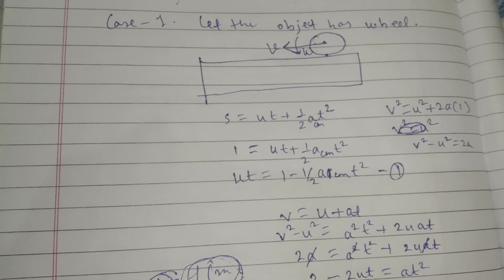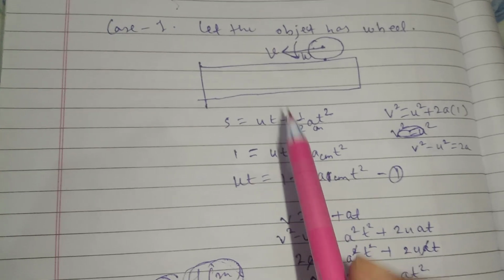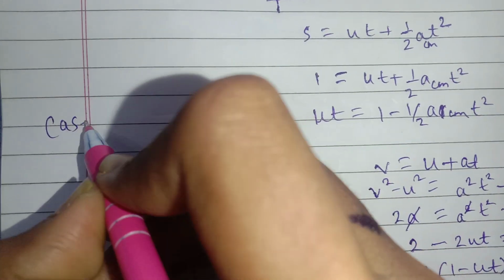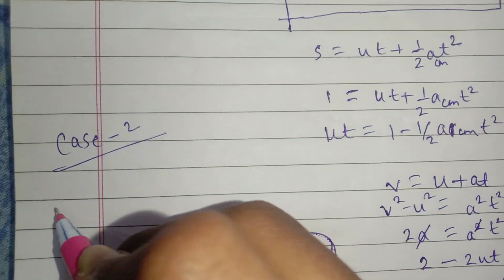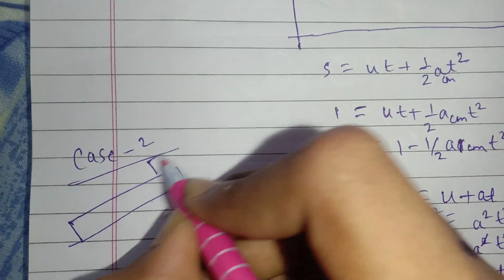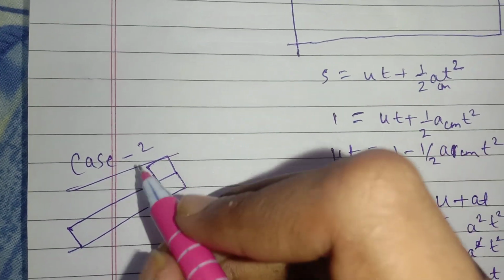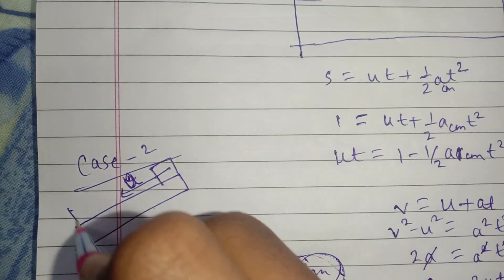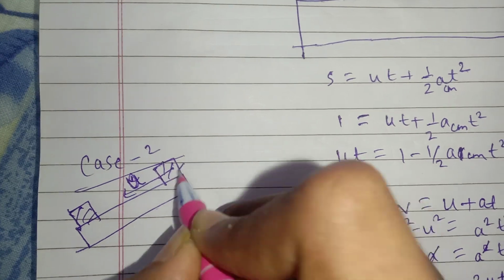What will happen if we take the case that it has no wheel? Then we take case 2, that it is simply a block which has no wheel and it is moving with velocity u and it comes here.